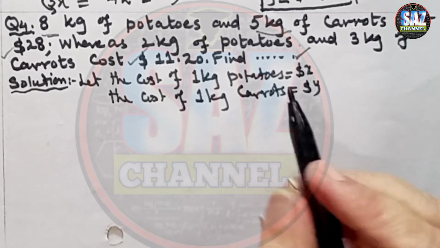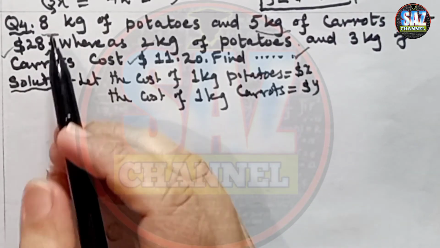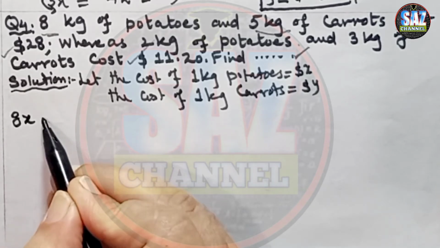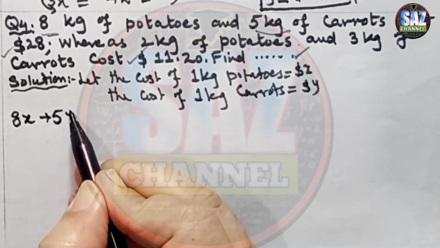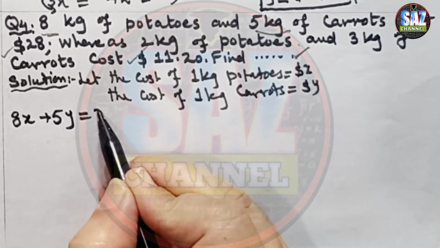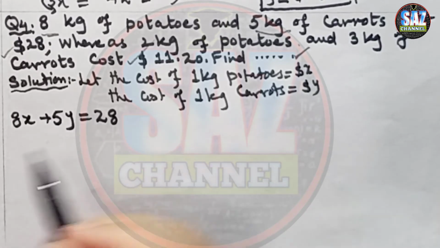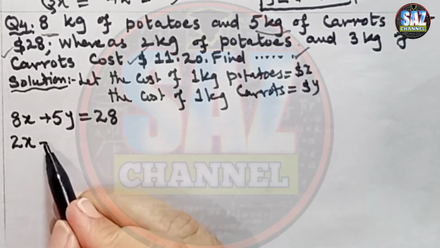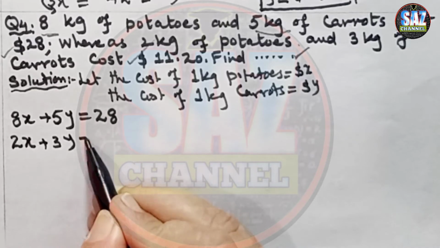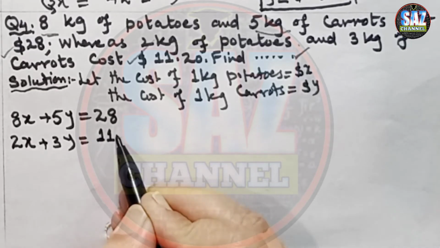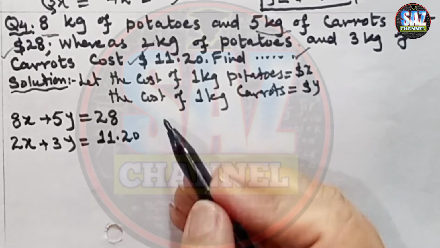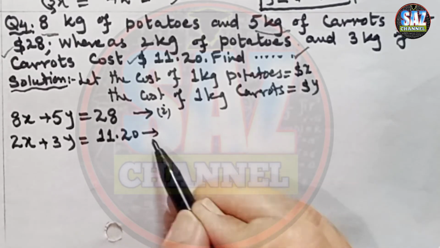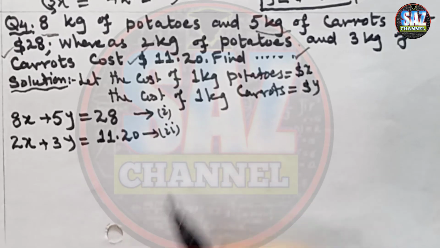Then according to the condition, the question will take the form 8x plus 5y equals 28, and 2x plus 3y equals 11.20. Now we have to think about the method for the solution of this problem.